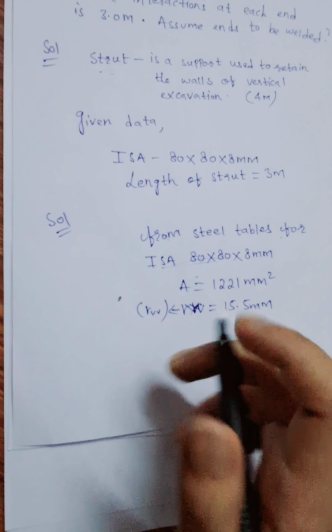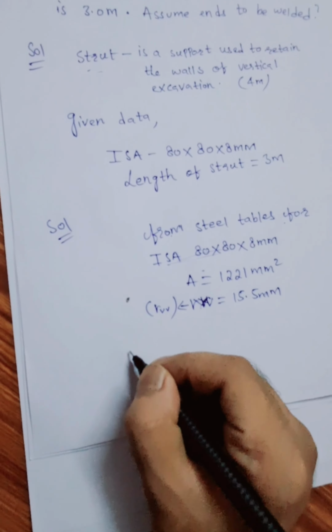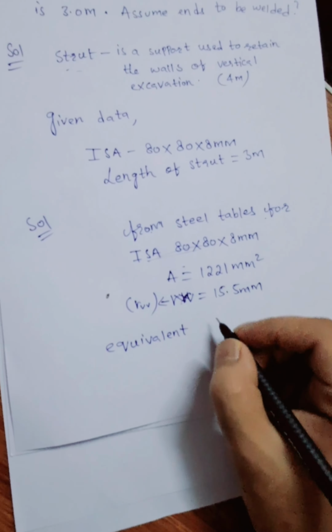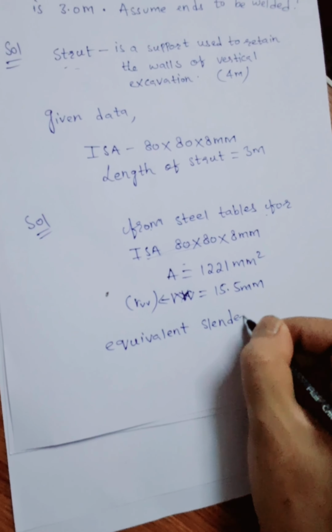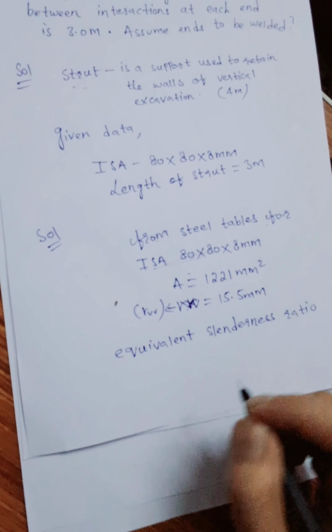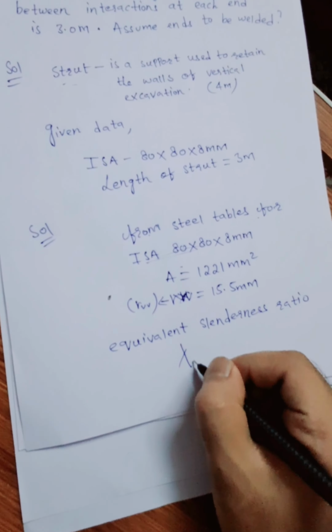Now let us go for the equivalent slenderness ratio. What is mentioned in your code book?